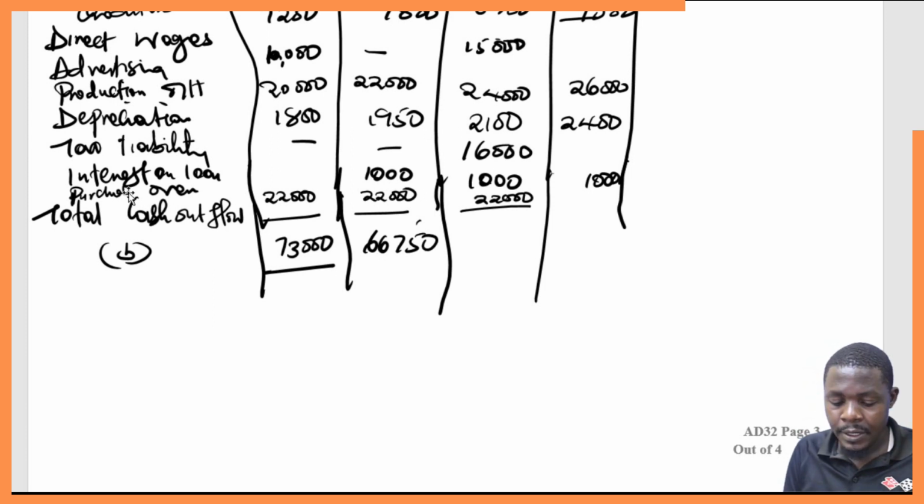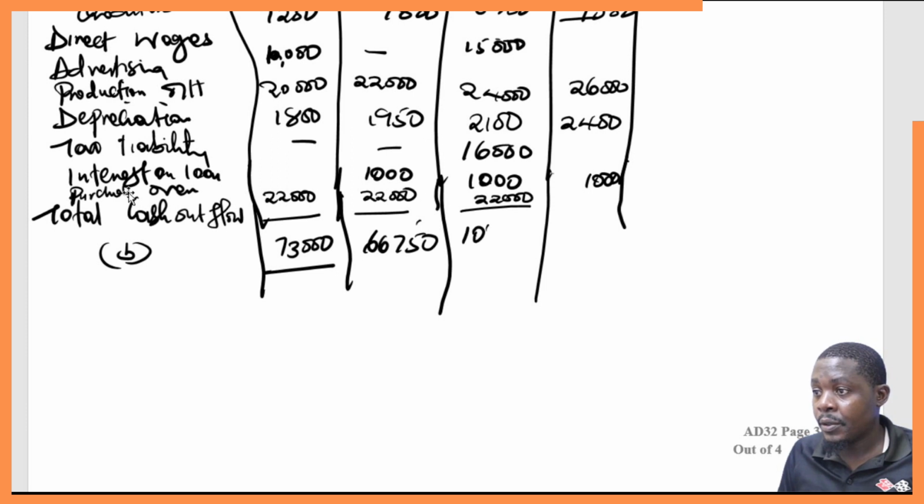And then this one we had 49,000 plus 87 plus 15 plus 24 plus 21 plus 1600 plus 1000 plus 22. 102,800.